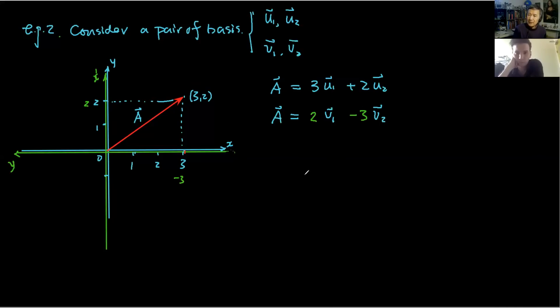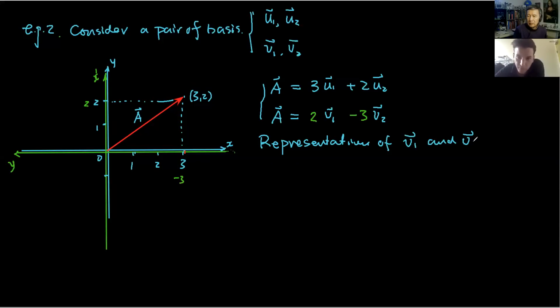But these numbers are related. For example, how do we represent V1 and V2, the unit vectors of the second basis, in terms of U1 and U2?